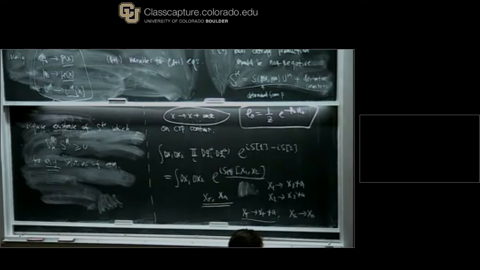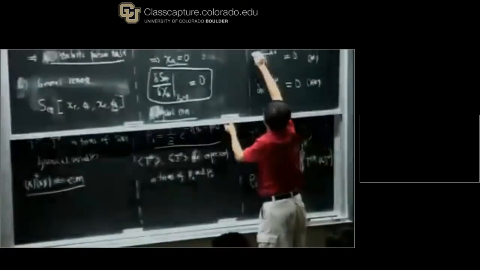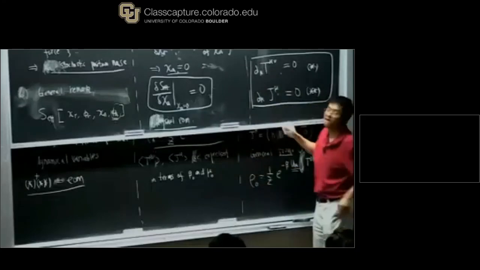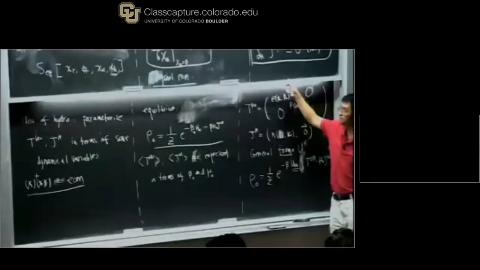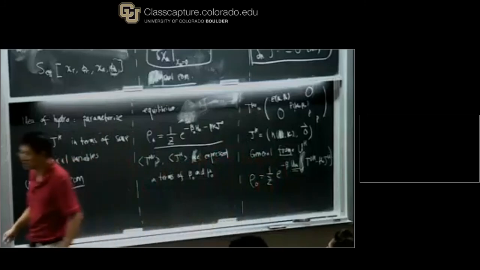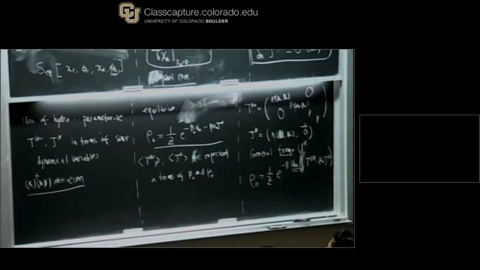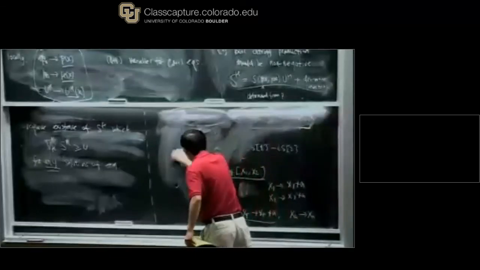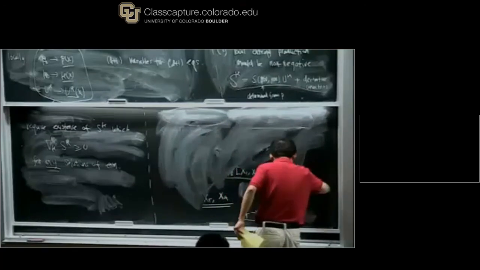So in the conventional formalism, you have to impose this first law by hand. Then you have to impose the second law by hand. And then you also have to impose the time reversal symmetry by hand.